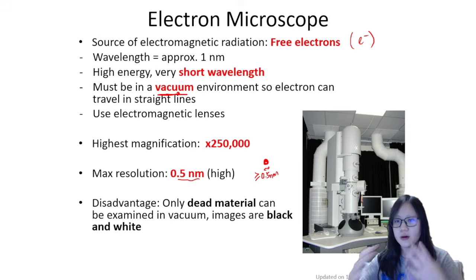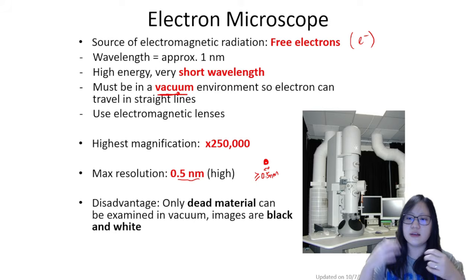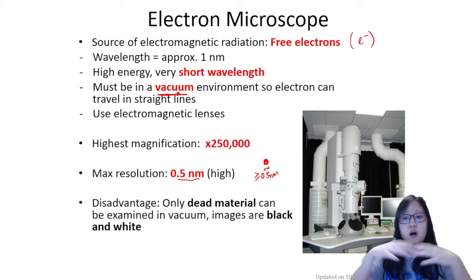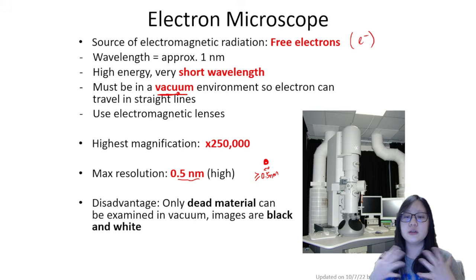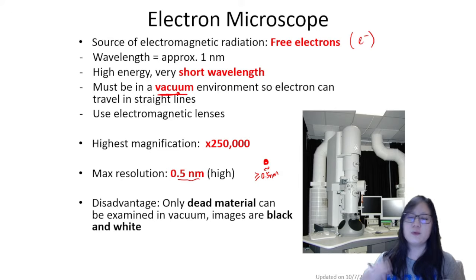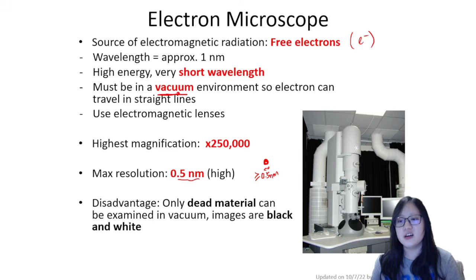Because it's using electrons and the reflections of the electrons are read by computers, the computers interpret these images as black and white only. But we can use software to color it in to view the image better. But when the computer initially processes it, it would be in black and white.